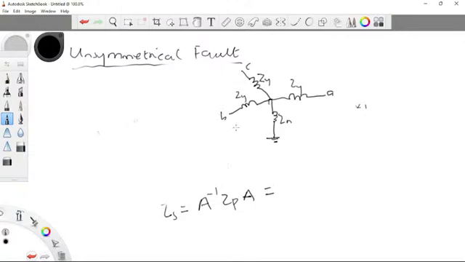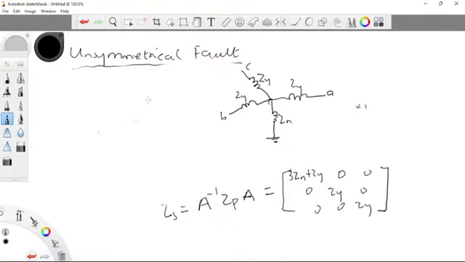When we do this matrix multiplication, we are expecting to get Zy plus 3Zn on the first diagonal entry, then Zy and Zy, with zeros elsewhere. This is information that we already know. After doing the matrix multiplication, you're supposed to get this.